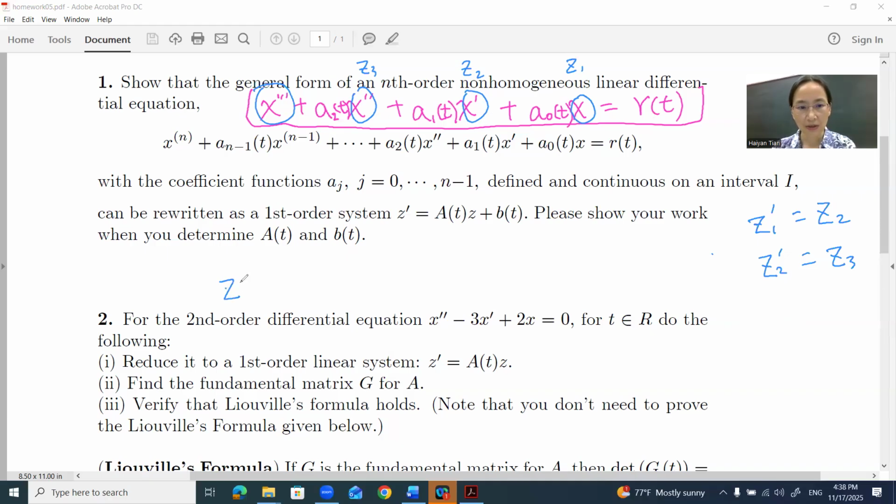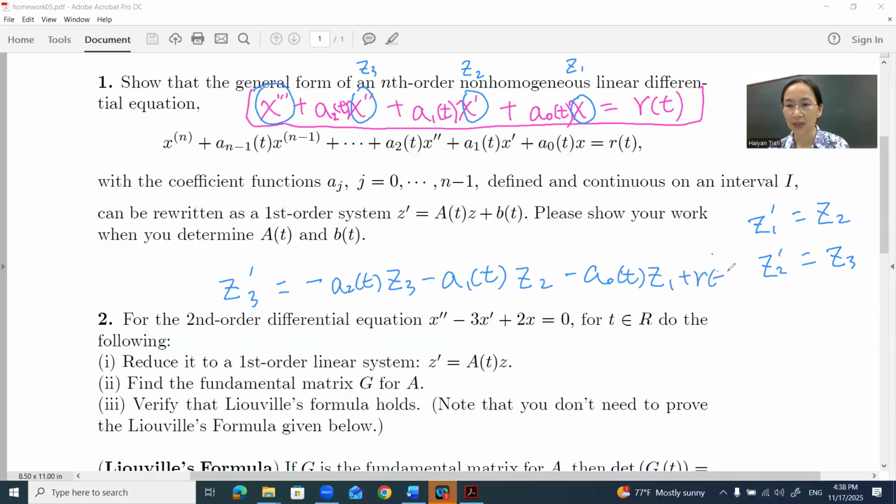So z3 derivative will be that one, which is negative a2 times z3 minus a1 times z2 minus a0 times z1 and plus R of t.